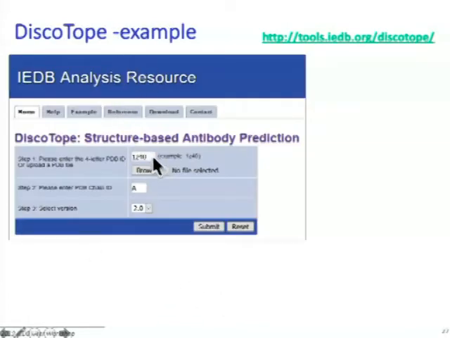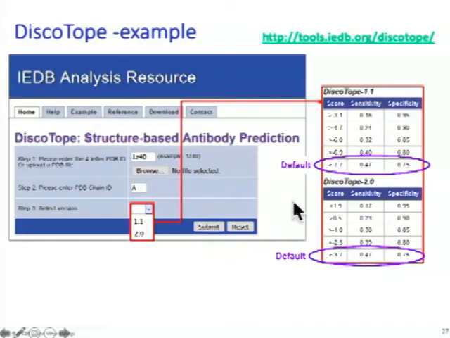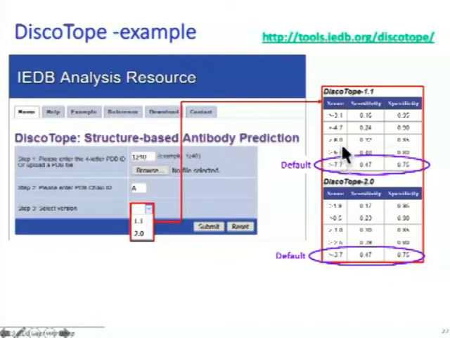Once you have this data, you can go back to DiscoTope and enter your PDB record, or if you had a file from a homology modeling tool, you can upload that directly. You enter your chain. This is the version of DiscoTope to be used; 2.0 would be recommended, and you hit submit. Then you have an overview from these papers of how different thresholds relate to different levels of sensitivity and specificity.